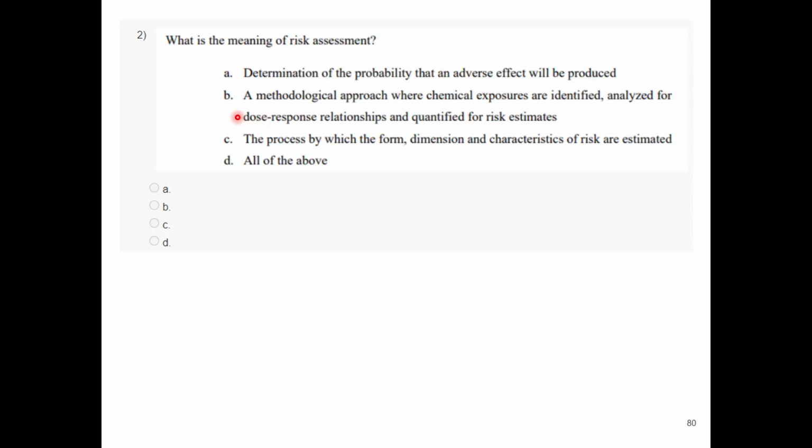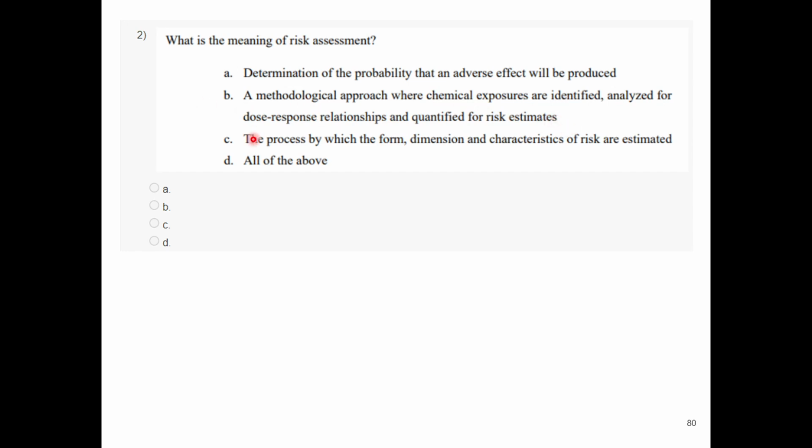And risk assessment can also be referred to as a methodological approach where chemical exposures are identified, analyzed for dose response relationships, and quantified for risk estimates. So the B option is correct too.